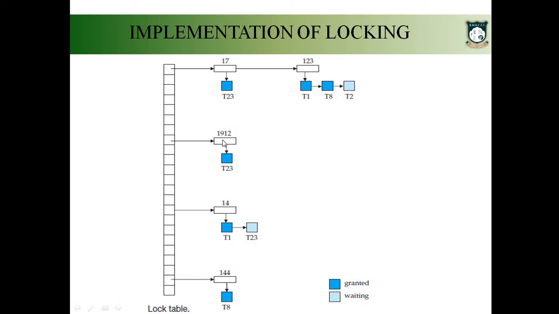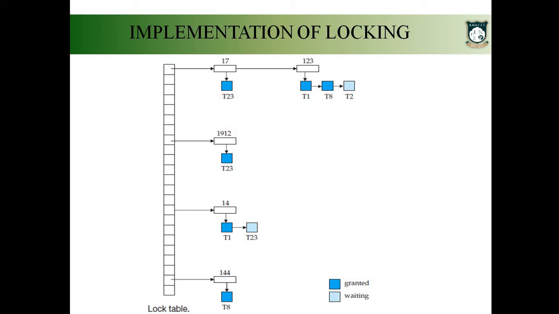Now we can go here, and initially this data item will not be locked by any transaction, so the lock will be granted. Now T23 is using this data item. Fine. Now assume that the same data item is being requested by another transaction, say T11.